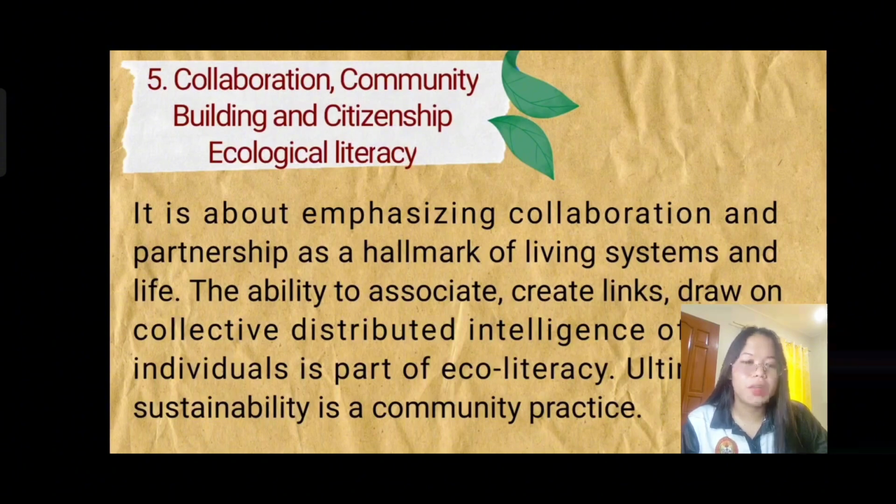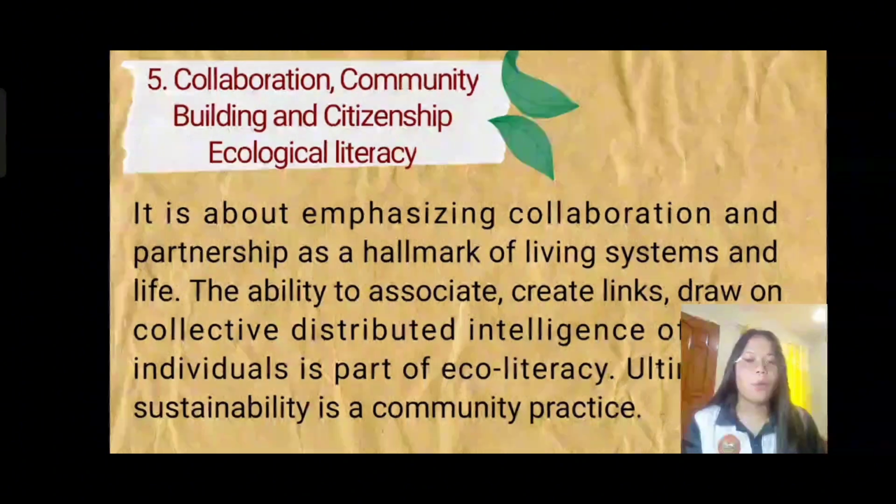And this teamwork is crucial for sustainability, which means making sure we all do things that keep our community or earth healthy and happy in the long run. So, ecological literacy teaches us that working together is a key part of taking care of our planet.